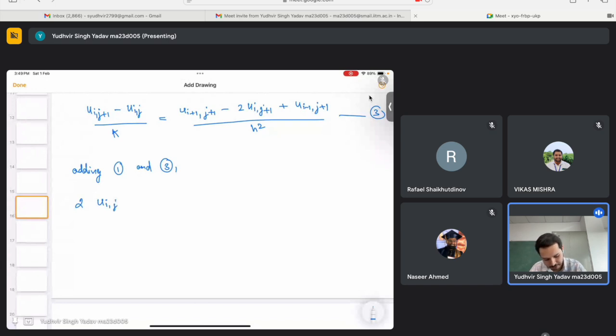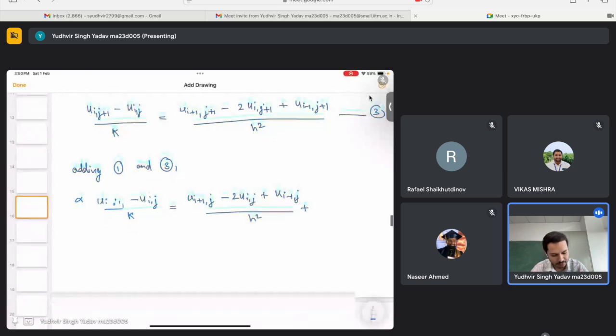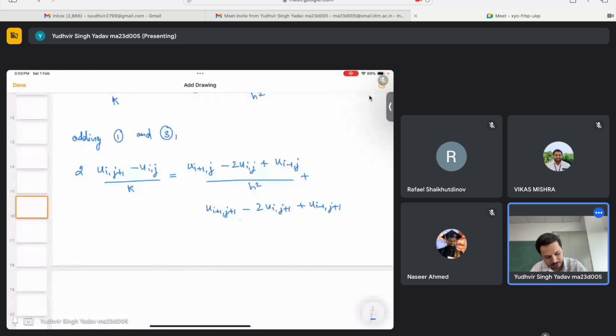From the first we have u i plus 1 j minus 2 u i j plus u i minus 1 j by h square, and the second term is u i plus 1 j plus 1 minus 2 u i j plus 1 plus u i minus 1 j plus 1 divided by h square.